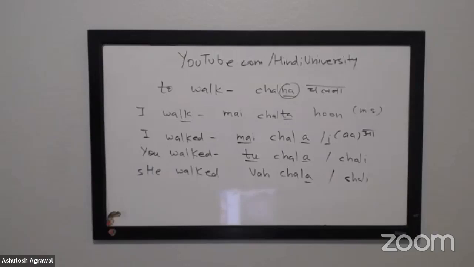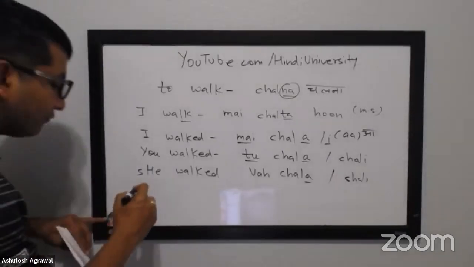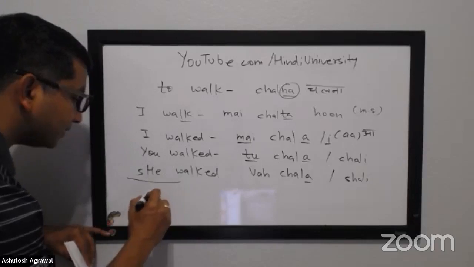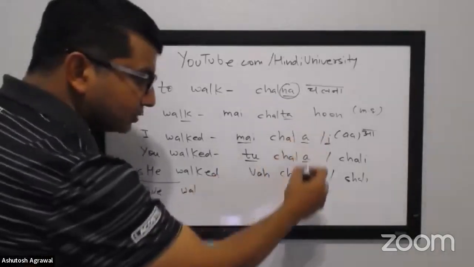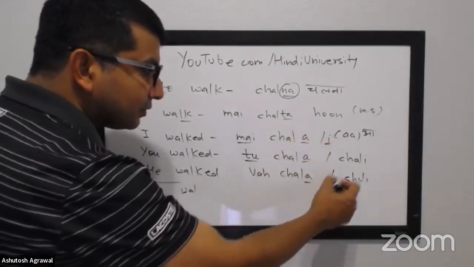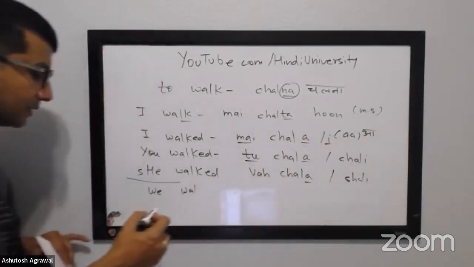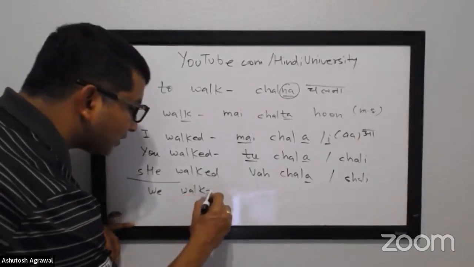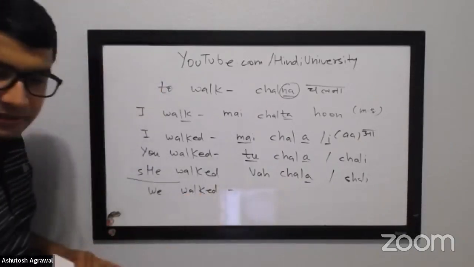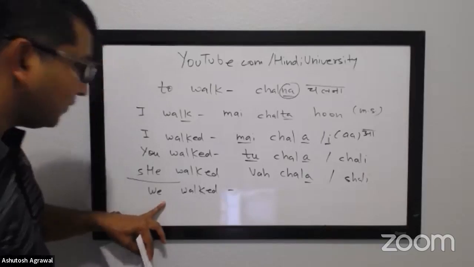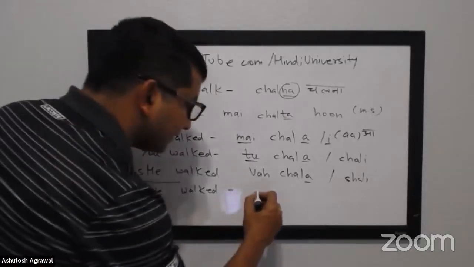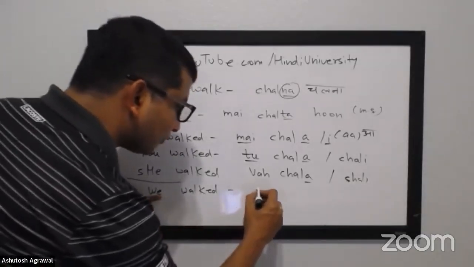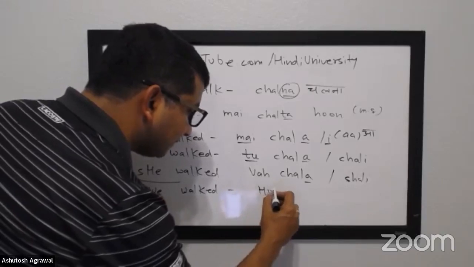Now the same thing if you were to do it for we, as a group of people. If you were to say we walked, you have to remember these rules: ending with a for masculine singular and ending with e for feminine singular. If you were to say we walked, let's see, Daniel ji, how would you say that? Hum chale for a group of people, or a group of male and female.